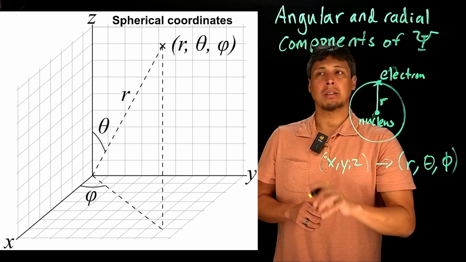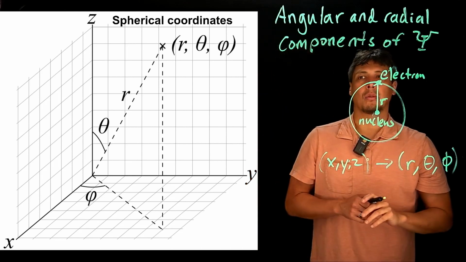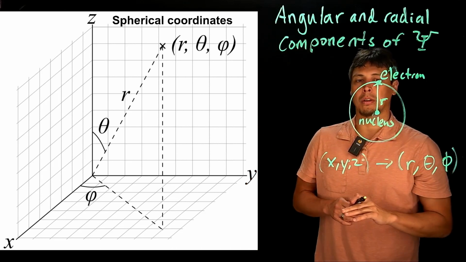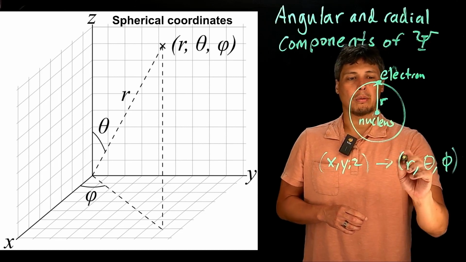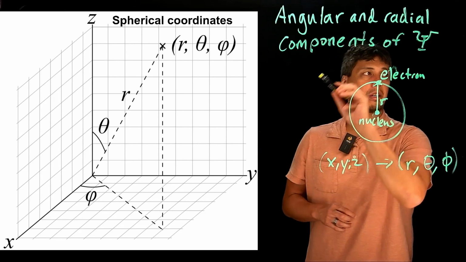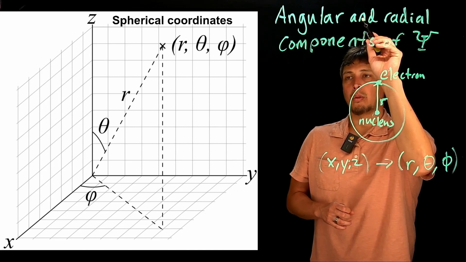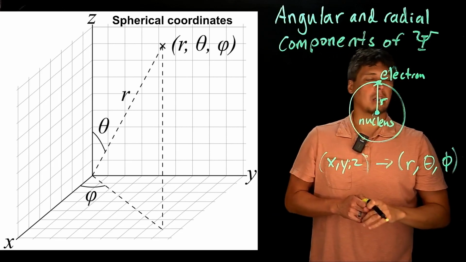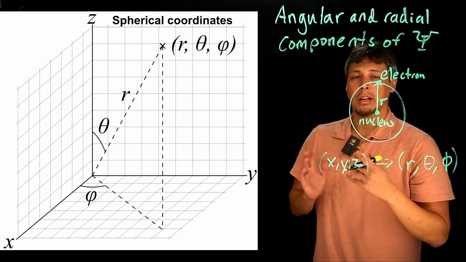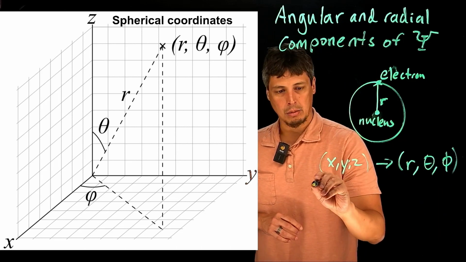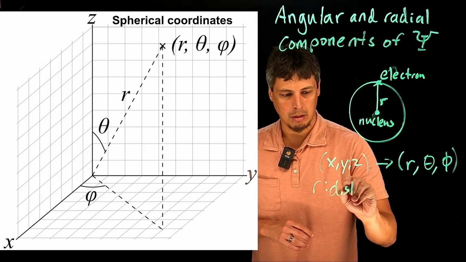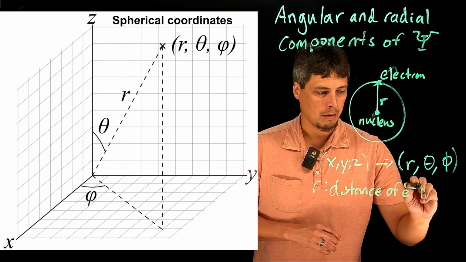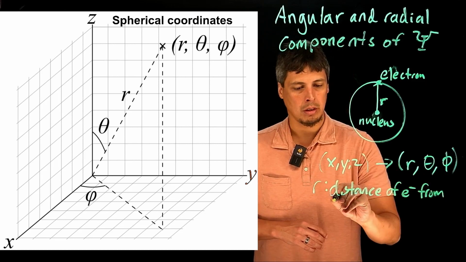If we take a point, which we mark as x on the figure here, we can convert that to a set of spherical coordinates, where we have a radius, which is the distance between the origin and where the point is. In this case, we're going to use that as where the electron is at any given time. And so that r will tell us the distance from the nucleus, the distance of the electron from the nucleus, okay?